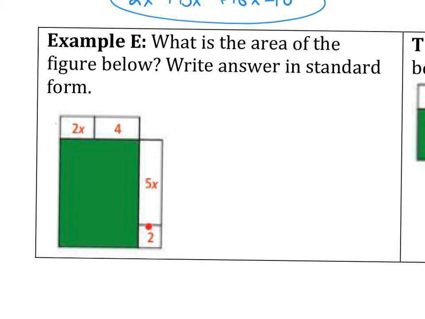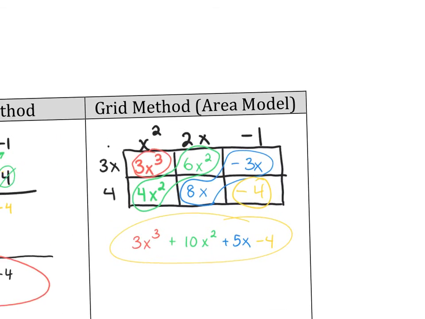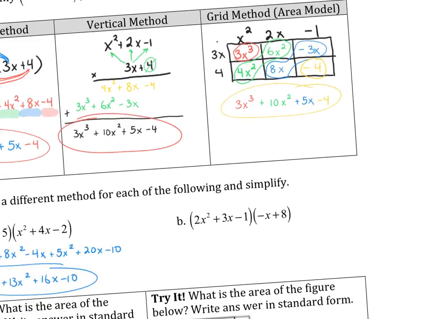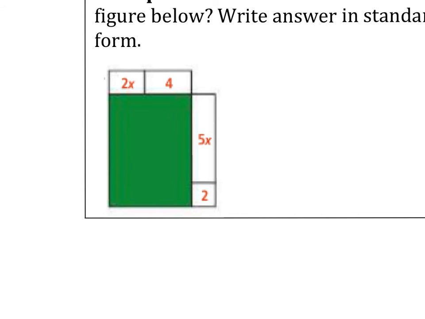Now, these other little grid things on the outside, that's just perspective. It's no different, actually, than the idea of the grid method here. That's why it's also called an area model, because it's as if this side here is 2x plus 4, and this side here is 5x plus 2.